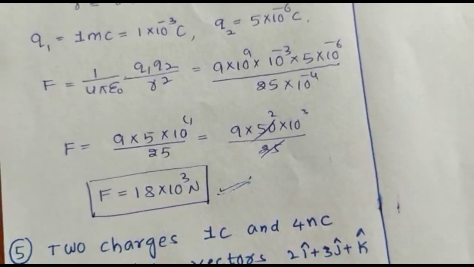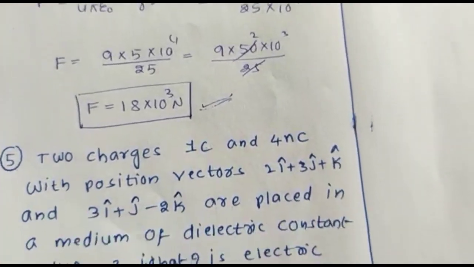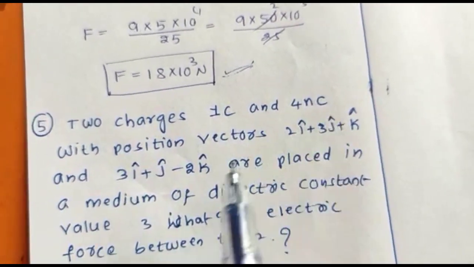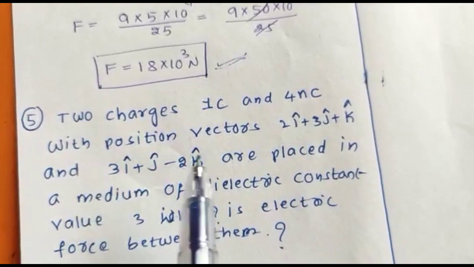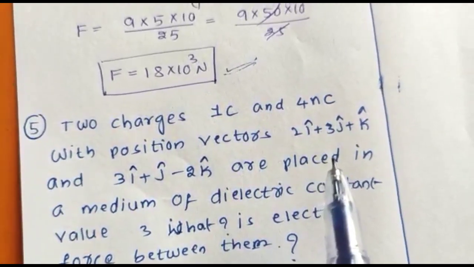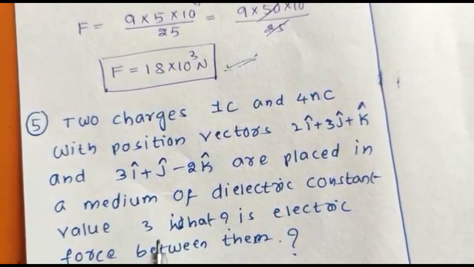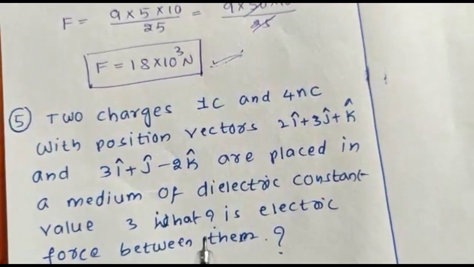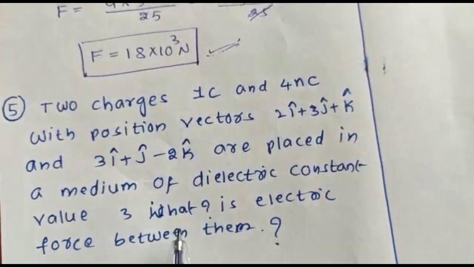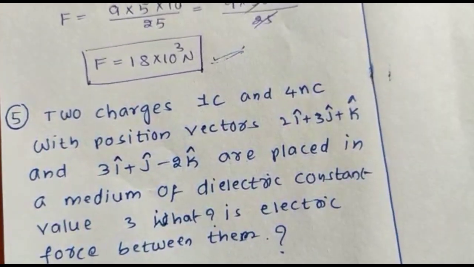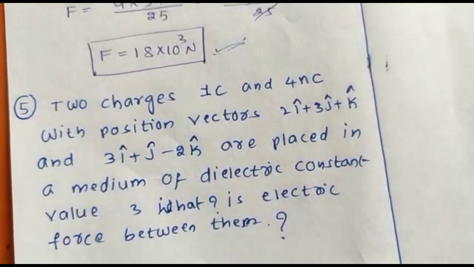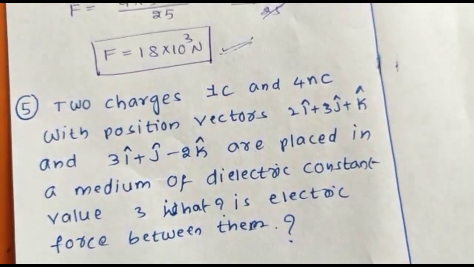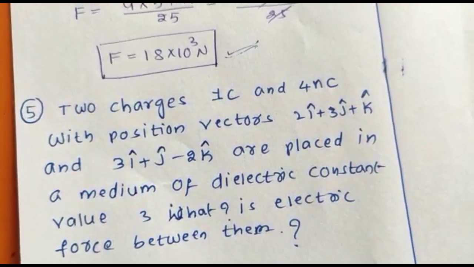In a similar way, please all of you solve this problem also. Two charges, 1 coulomb and 4 nanocoulomb, with position vectors 2i plus 3j plus 4k and 3i plus j minus 2k, are placed in a medium of dielectric constant 3. What is the electric force between them? Here in the fourth question, I have directly given the position vectors of the two charges.